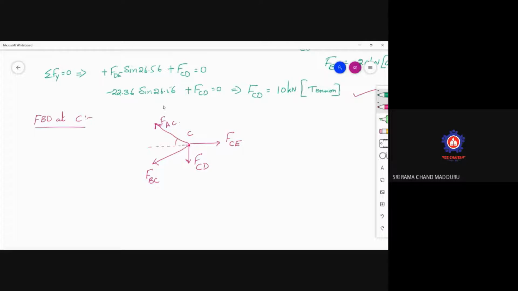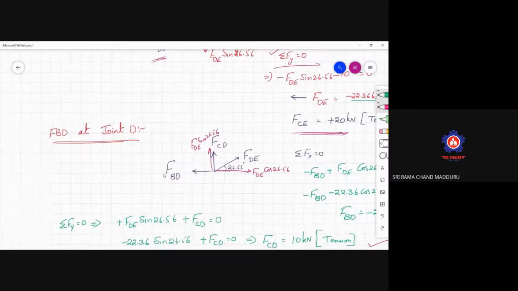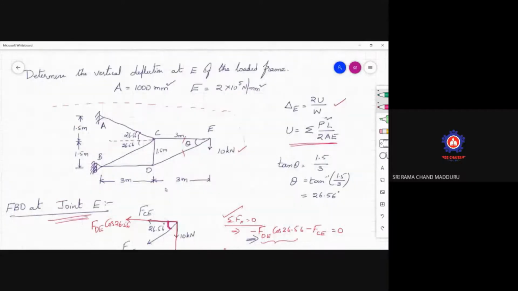Now the angle made by this one, we have already written, is 26.56 degrees. This angle is 1.5. This distance is 3 meters. So you can take tan theta is nothing but 1.5 by 3.